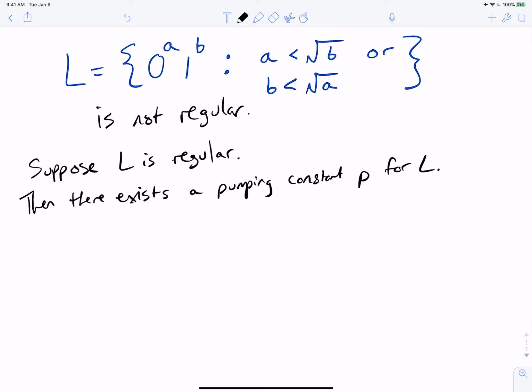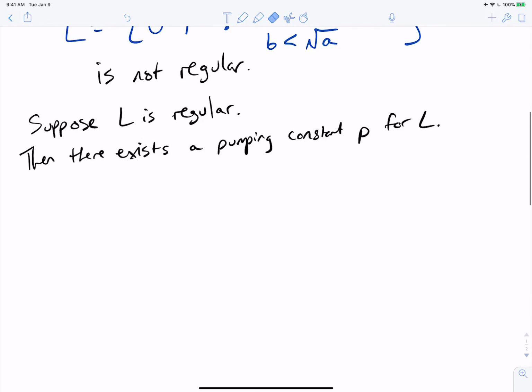We had the DFA on P states, and then we fed a string of length at least P, which had the repetition of a state. So the P in our mind is representing the number of states in a DFA for this language. And we suppose that one exists because we supposed L was regular. So that's just to keep in mind.